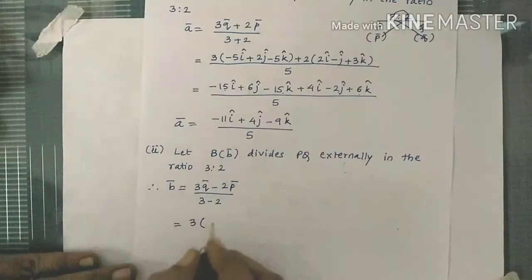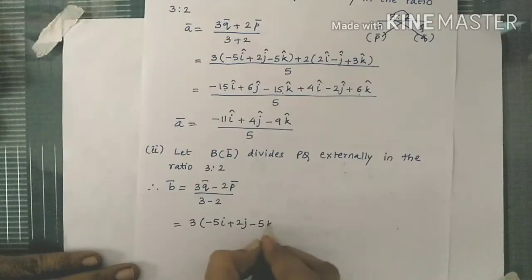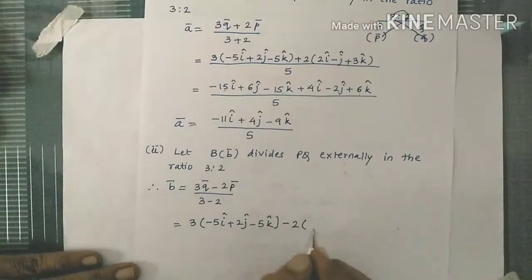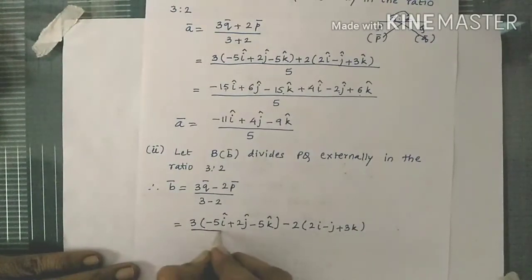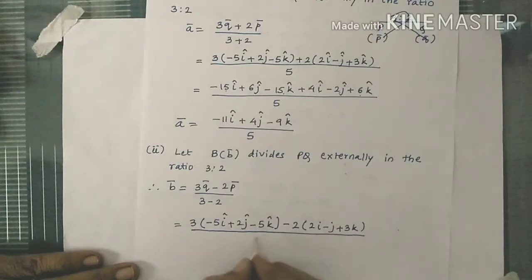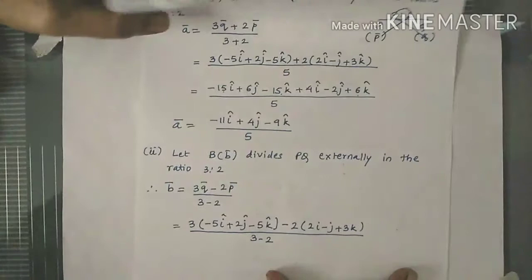So 3 into Q bar is minus 5i plus 2j minus 5k, minus 2 into P bar, 2i minus j plus 3k, divided by 3 minus 2. Let's solve this.